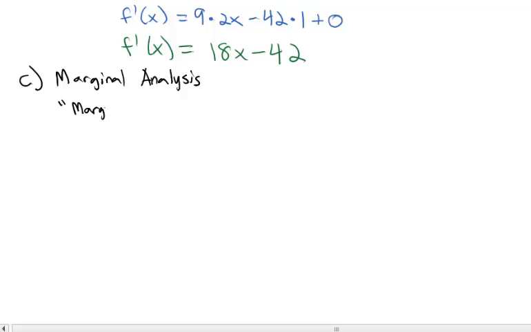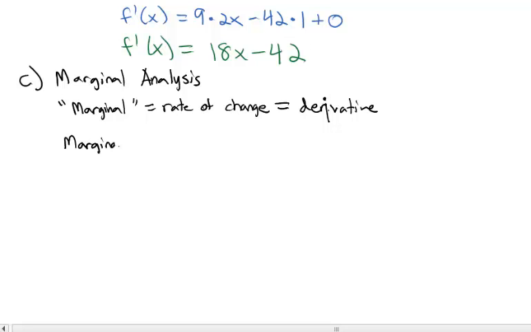When you see the word marginal, what we're talking about really is what is the rate of change in the problem. And remember, rate of change is just another way to say derivative. So when we see a marginal analysis, what we're really doing is calculating a bunch of derivatives. And often we will see marginal cost. You might see marginal revenue.